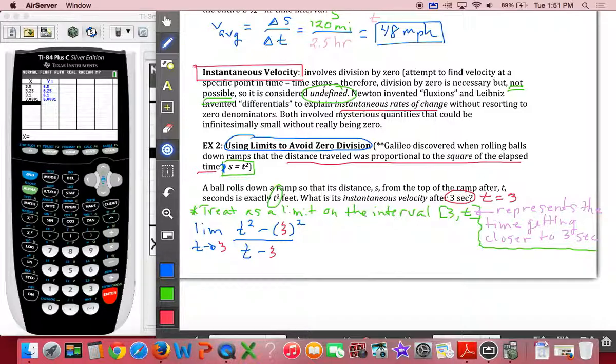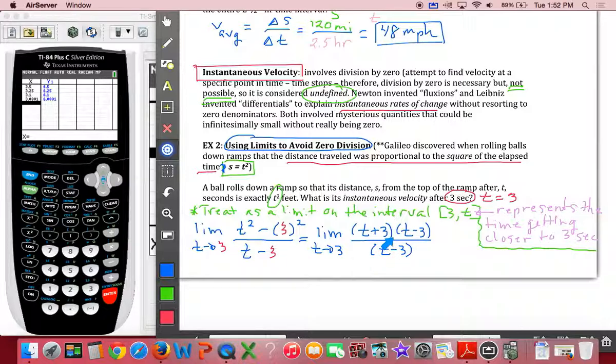Do you notice that this is the difference of 2 perfect squares? t squared minus 9, isn't that the difference of 2 squares? Isn't it factorable? And so we get, don't forget to put your limit in here, I do it constantly, the limit as t approaches 3 of (t plus 3) times (t minus 3), all divided by t minus 3. 99% of the time, this denominator should cancel with something in the numerator.